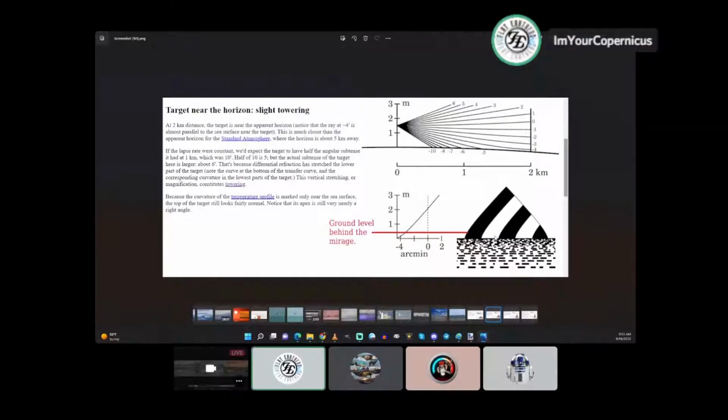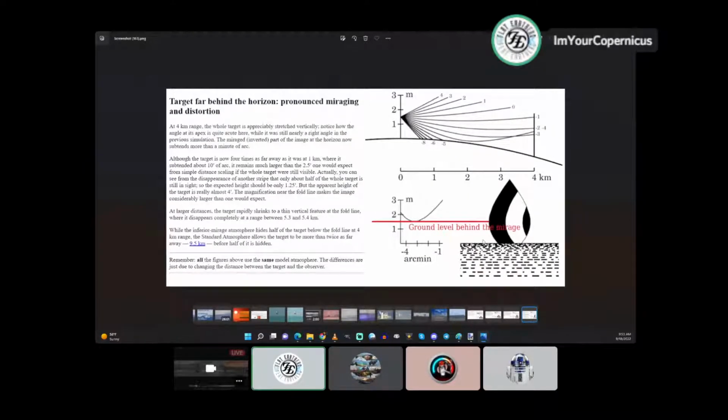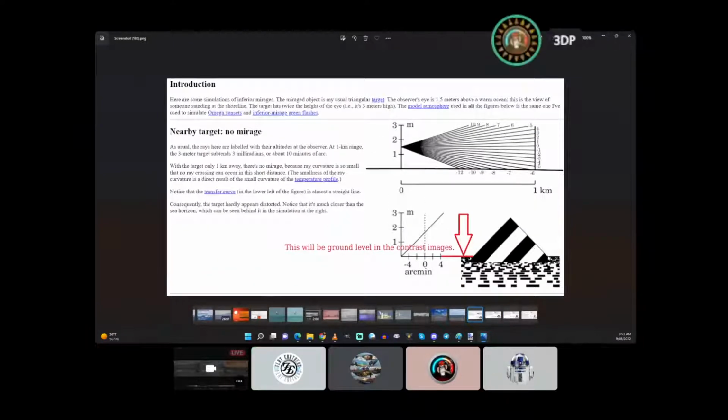Now he moves another kilometer away, intensifying the mirage and increasing the distance to the horizon. Here's the next one. This is the strongest inferior mirage. So here is the horizon. Now the default, right? Because if we go all the way back to the beginning, here's where the horizon ends.